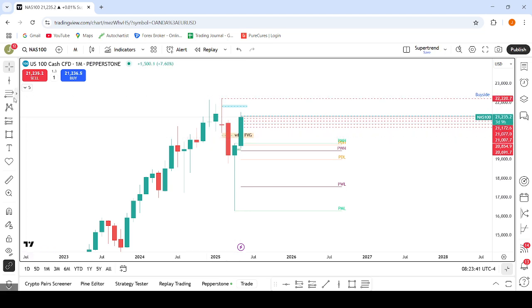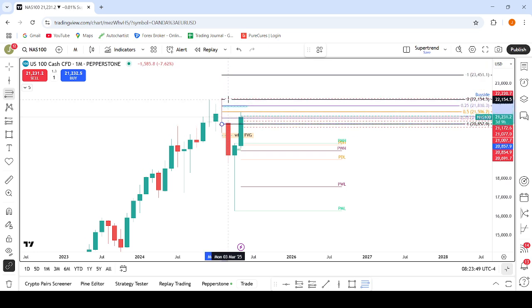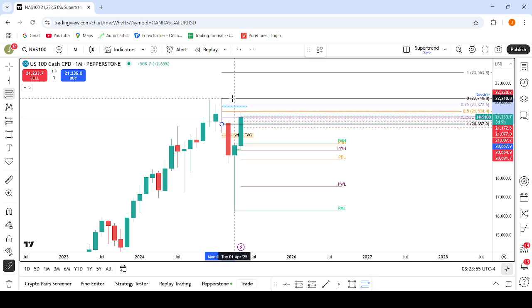One of the things that I've seen ICT do is when you have a long wick like this, to split it into quadrants to see where we're going. Let's see, we're just short of 50% or consequent encroachment, which is interesting.